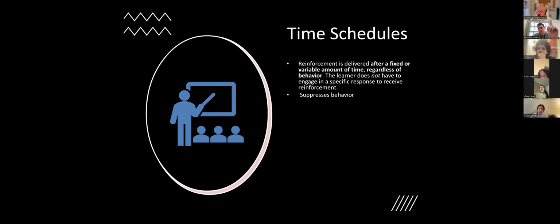So again, this is for problem behaviors. It reduces problem behaviors by breaking the response-reinforcer relationship. As we're delivering this reinforcement as an antecedent, the person does not need to engage in effortful behavior to get it. They're already getting it.